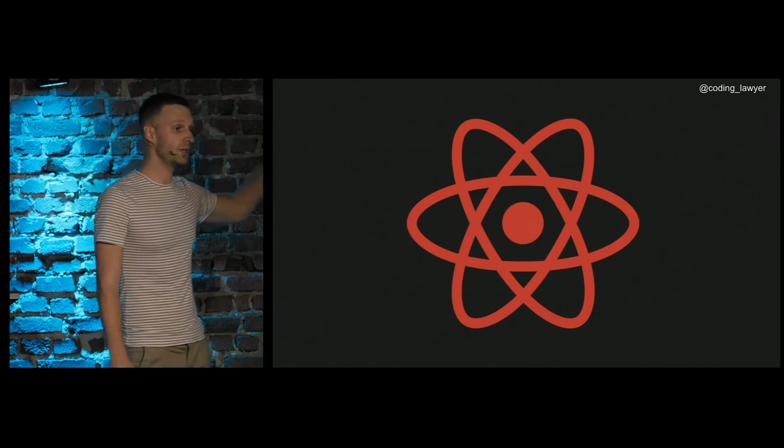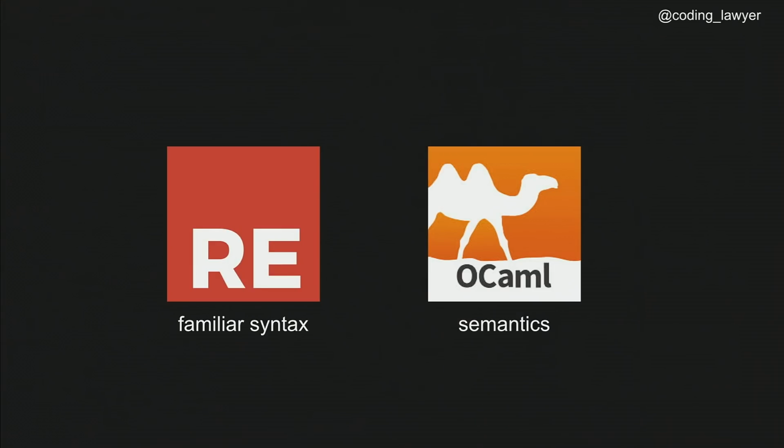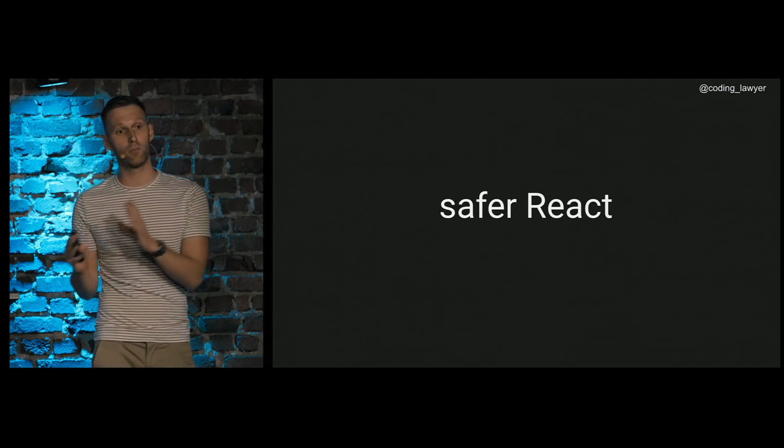So if you write React in Reason, you won't need these and many other dependencies. And why? Because Reason is based on OCaml. It's a matured language. All of its principles and rules on how to structure your code are in place and stable. So you can think of React in Reason as a safer way to write your React components.